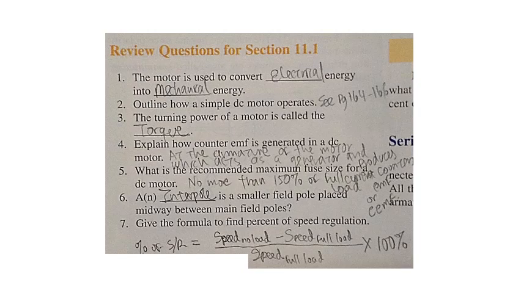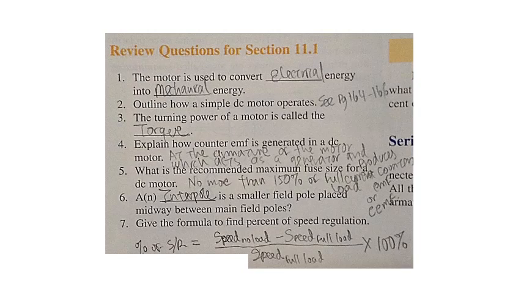Now you must not confuse this 150% maximum fuse size with the minimum current capacity of the wire that is going to feed that motor, which is 125%. That is the minimum conductor current carrying capacity for a motor. But don't confuse that with the recommended maximum fuse size for a DC motor, which is no more than 150% of the full current load.